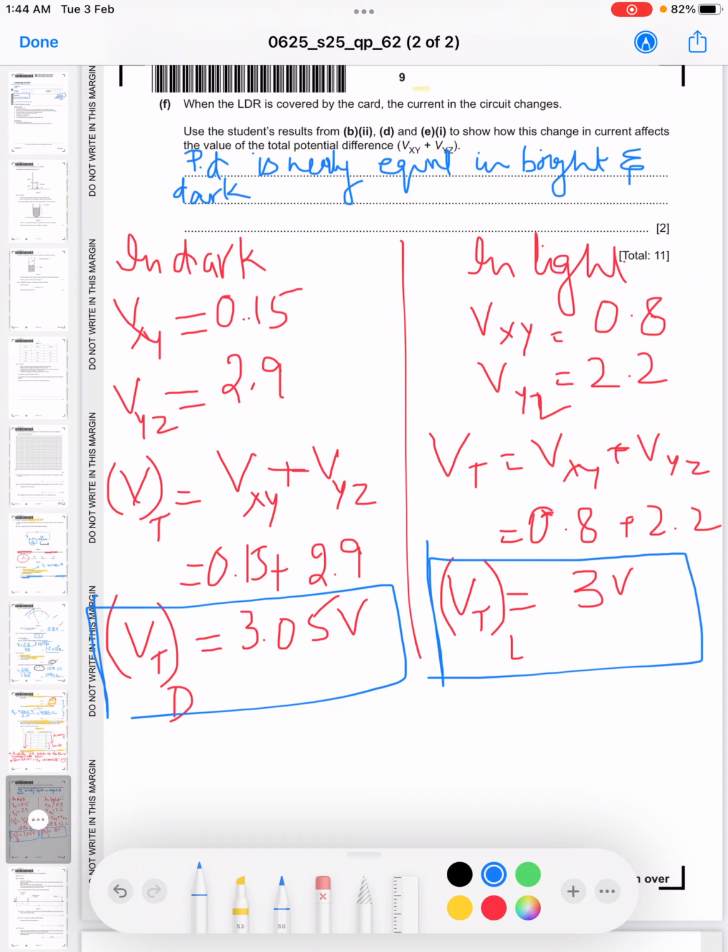Or we can say it is almost constant or nearly equal. This is I think same thing, and you just write the values here, right? Also mention the values, and you get the reason.